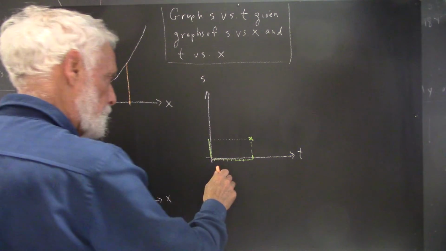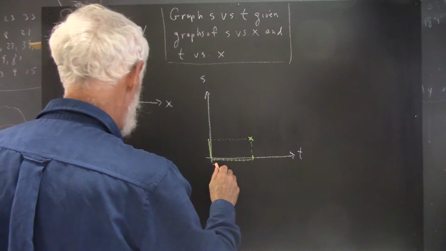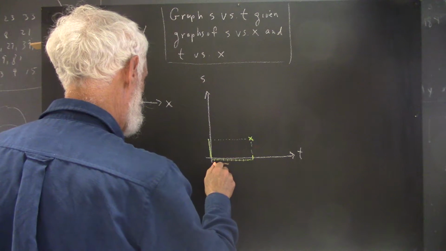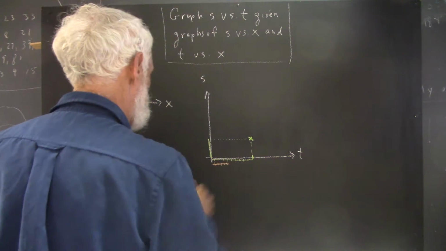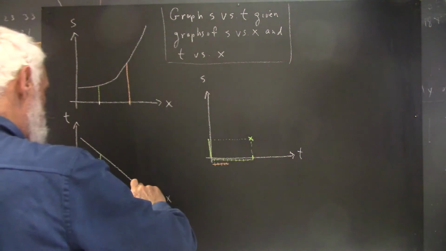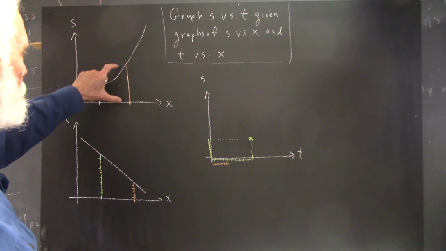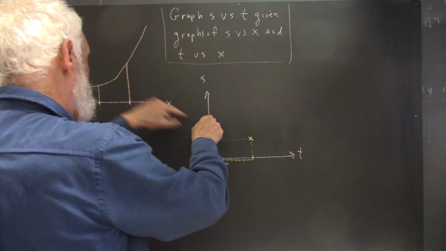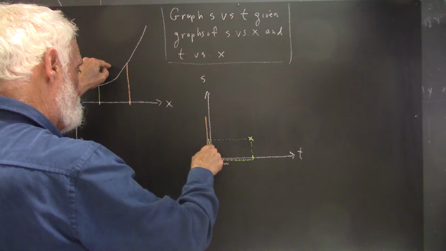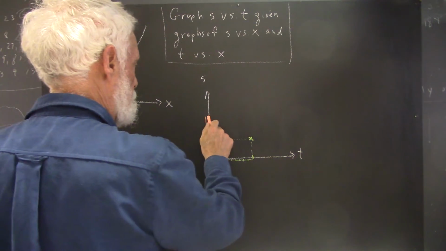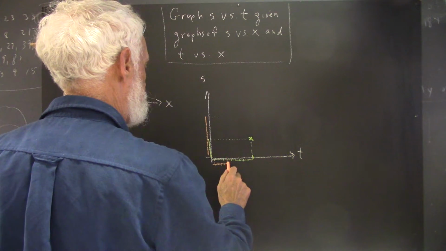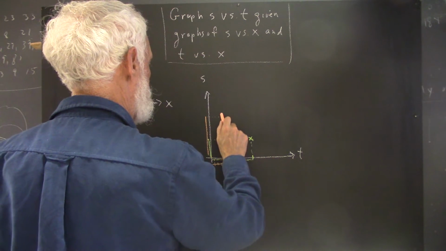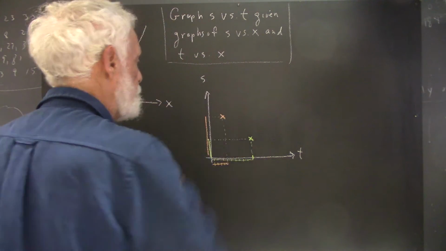Now I have to go a little below this value here, but let's say that this is our segment, same length as this one, and this segment here will be the same length as this one. Now I can project over and project up, and I've got another point on the graph.